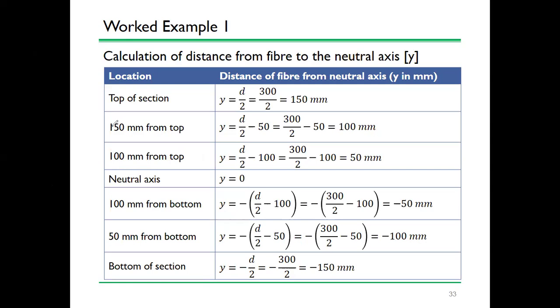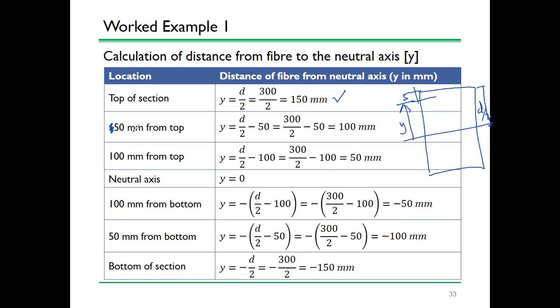I think there's a mistake here, it is 50, not 150. Like I explained earlier, from the neutral axis to the top is d over 2. At the top, d over 2, that's 150.